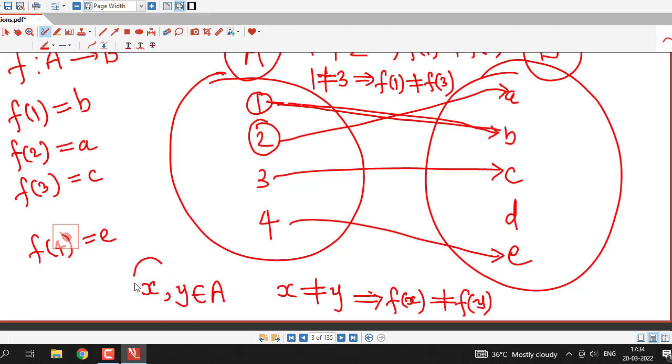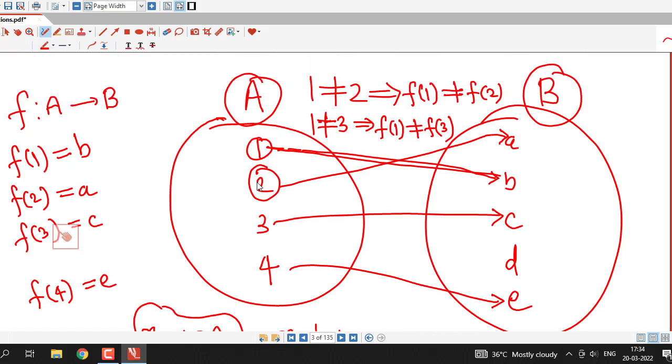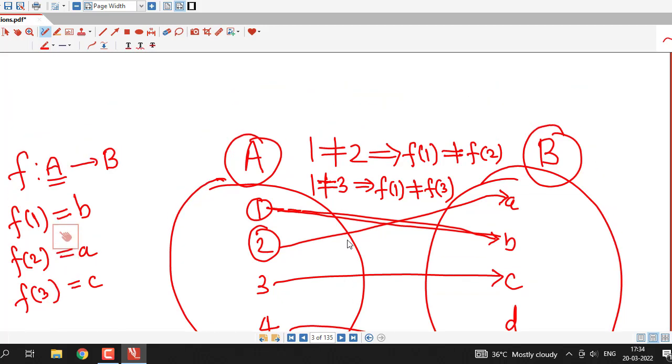If this happens for every pair of elements in the domain of function f, then we can say that function f is one-to-one. So a function is one-to-one if distinct elements of the domain have distinct images.